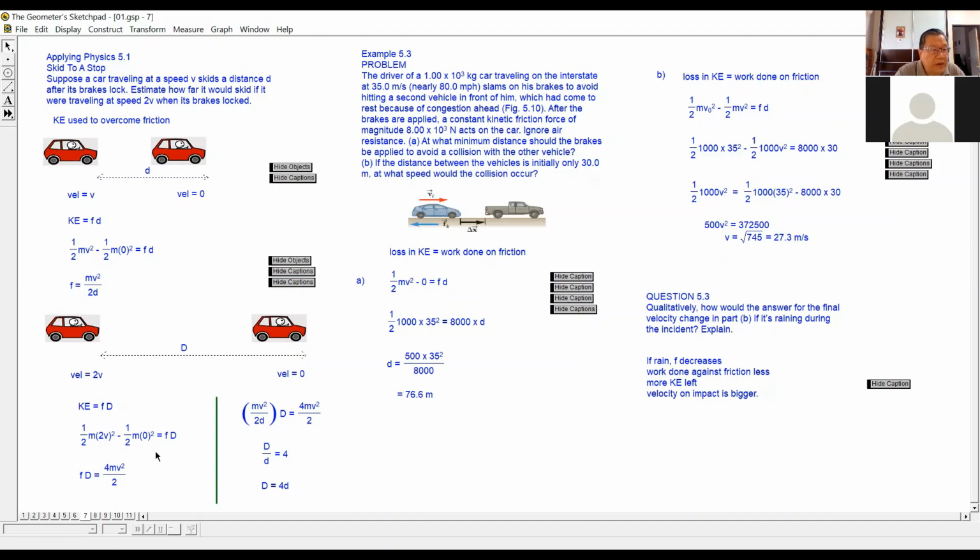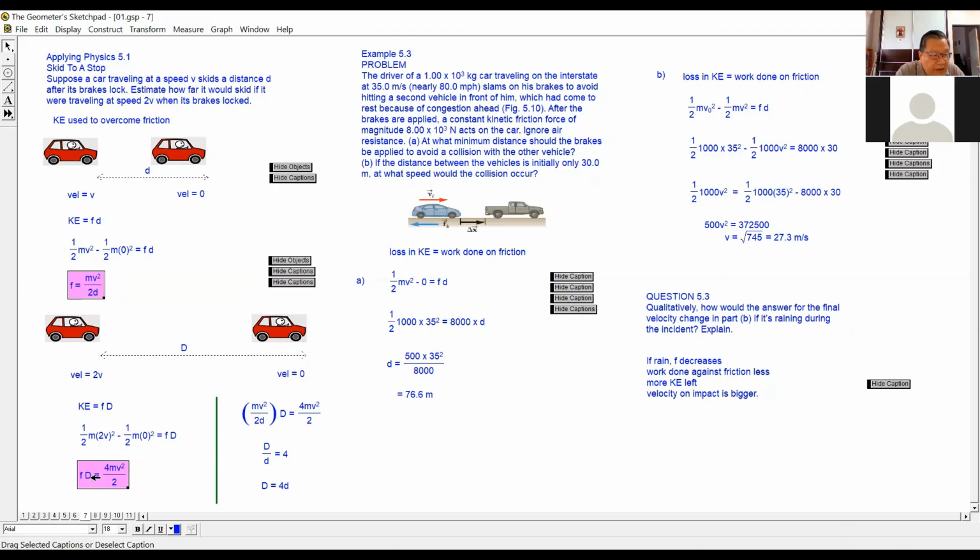So I simplify this. It becomes 4mv squared over 2, and that equals F times D. Earlier, I found that F is mv squared over 2d.